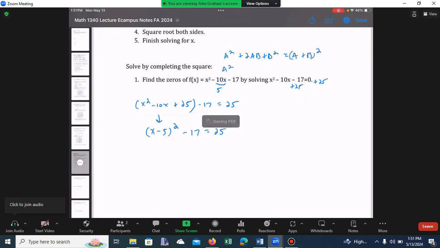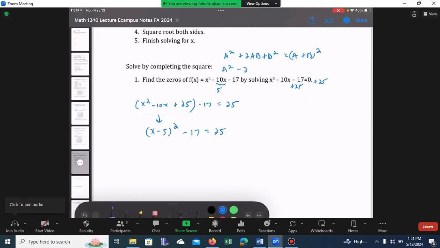Or if it's a minus sign, it's a minus b squared. Key thing to note, this sign is what's used in our x minus or x plus. So if it's a plus sign, that would be plus. And this number is what's used also. So you kind of know what it's going to be before you even do it.